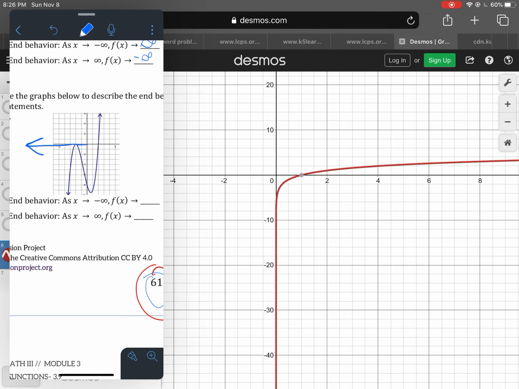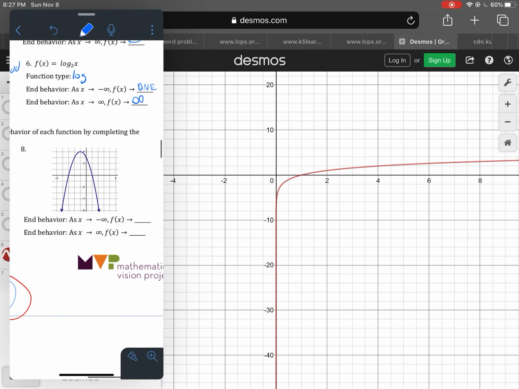Does the function go up and approach positive infinity, or does it go down and approach negative infinity? So as x goes down, the function is going to approach negative infinity. Then as x goes up, what happens, right? If we go in this direction, when x goes up, the function itself is going to approach positive infinity.